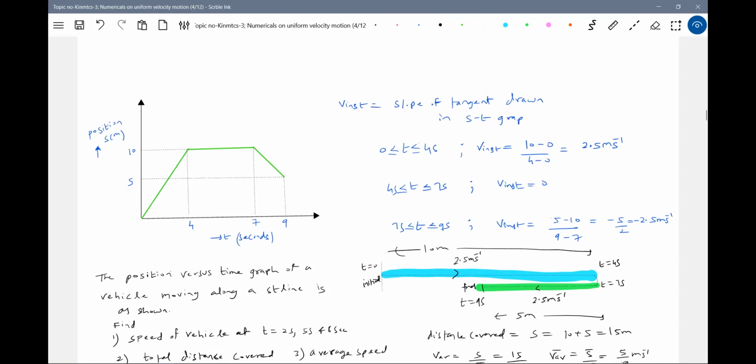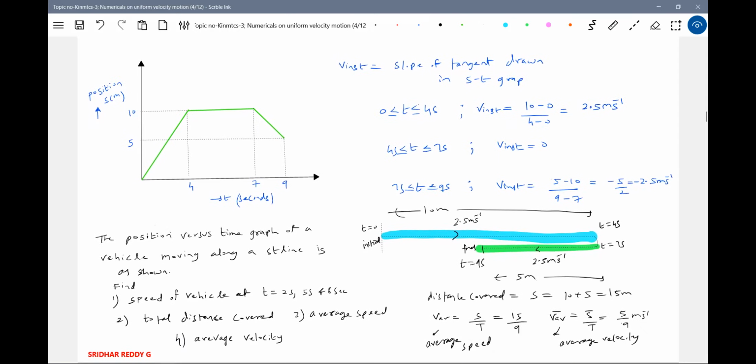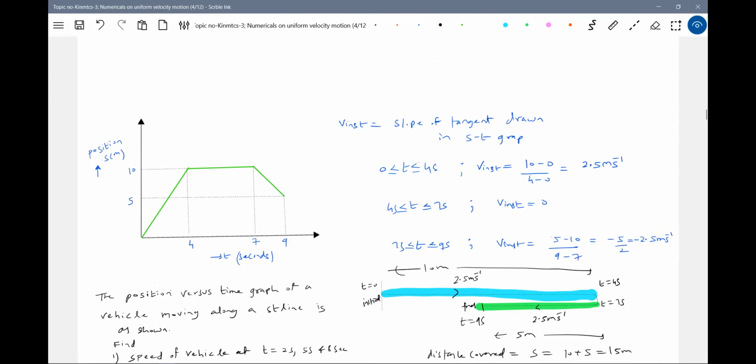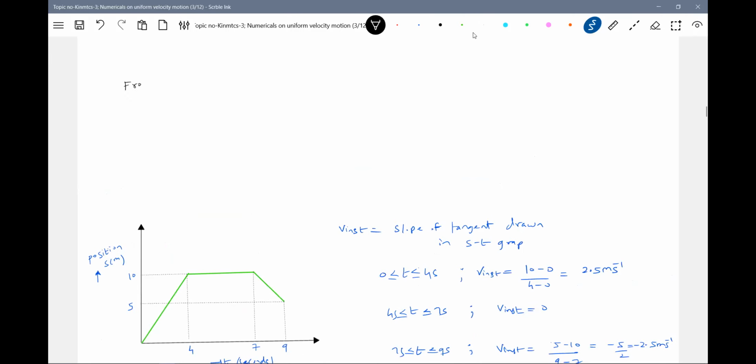I think I'll write all the conclusions here from the ST graph. ST means position versus time graph. What all can you calculate? First, we can determine instantaneous speed. Next, direction of motion.